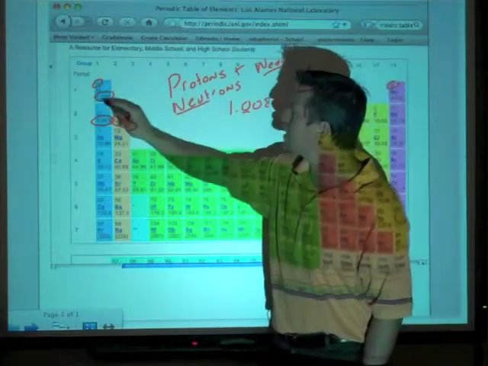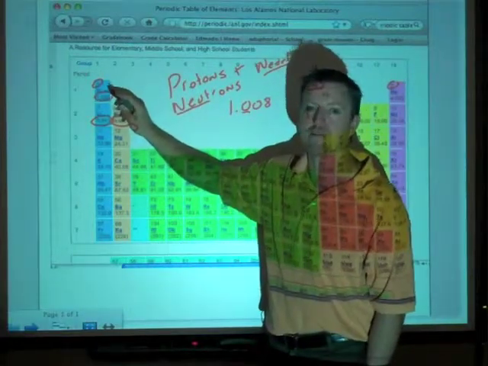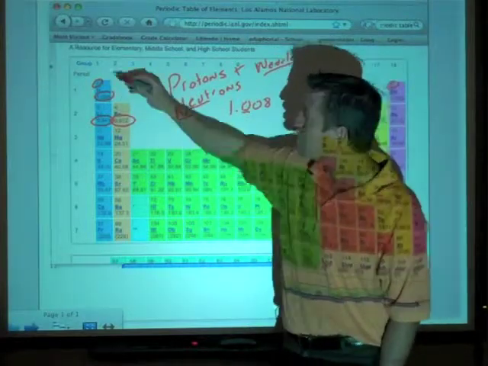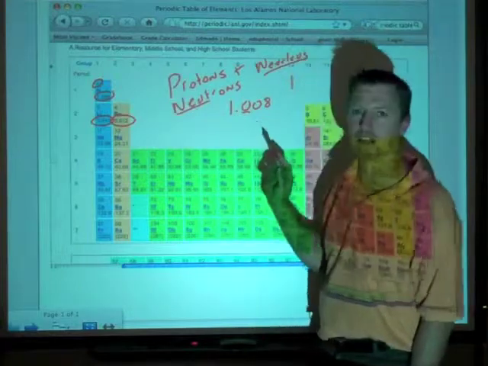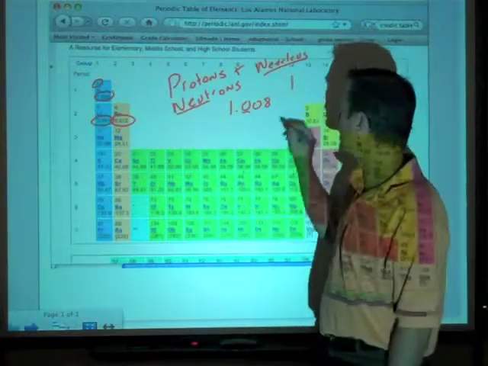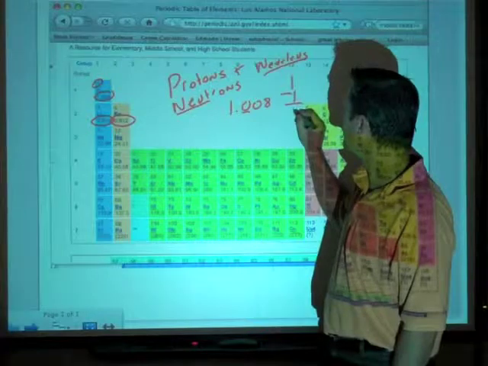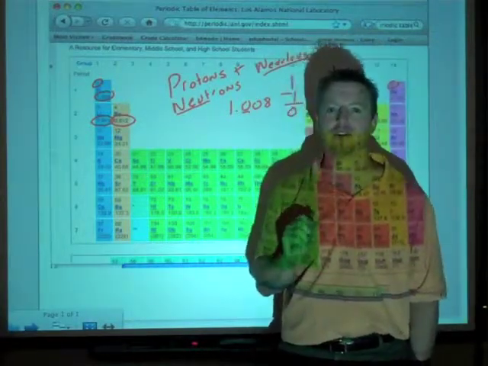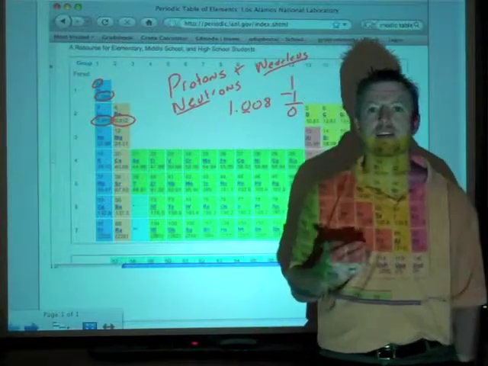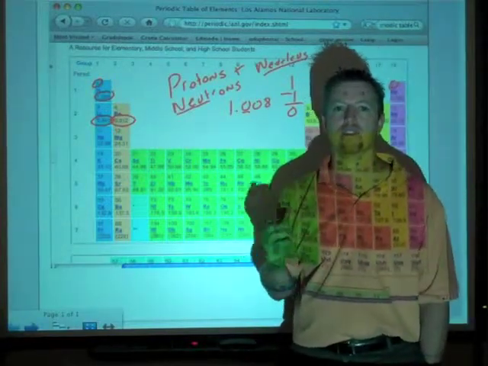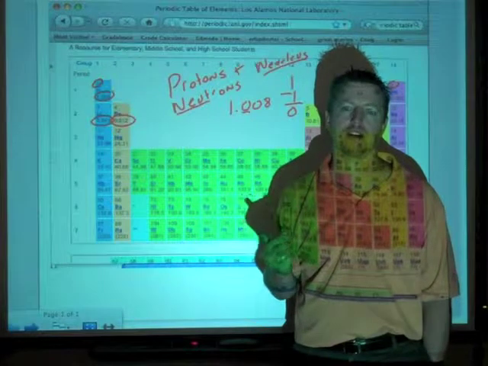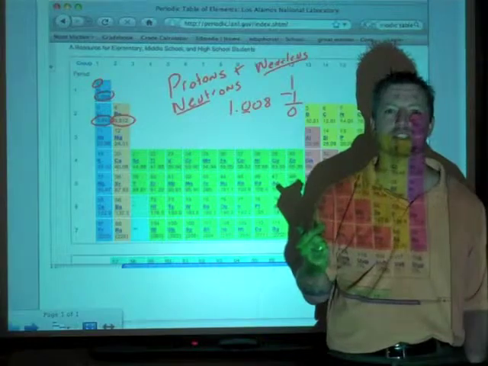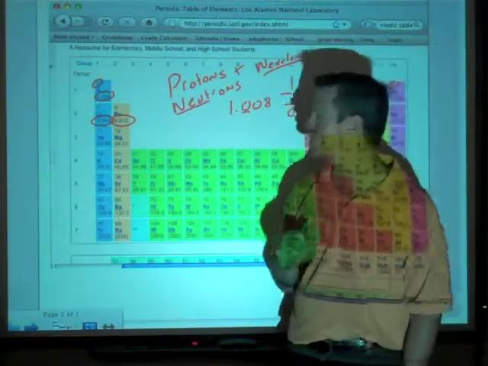If the atomic mass identifies the nucleus as being protons and neutrons, then subtracting the atomic number gives us the number of neutrons. So when I subtract 1, I end up with 0. Hydrogen is the only atom in the periodic table that has 0 neutrons. We'll find out in a future lesson that there are different types of atoms called isotopes, and the only thing different about them is their neutrons. But we'll save that for a future lesson.